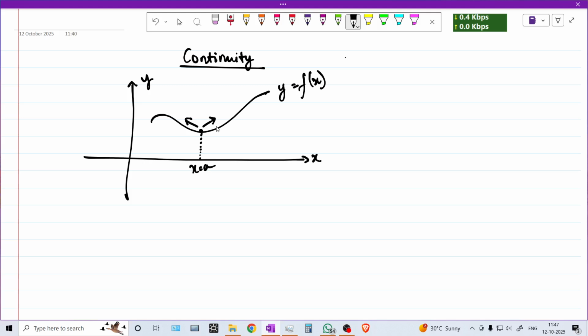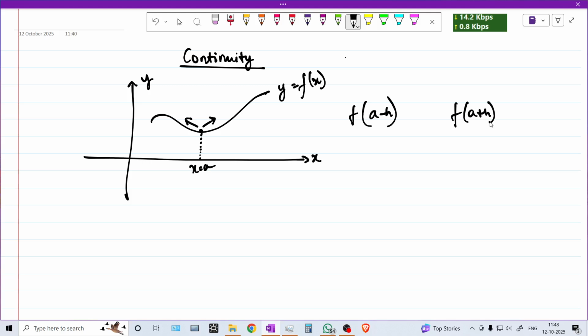So how do we look at a function's point to the left? We will do a minus h. We will look at the function that is f of a minus h. A minus h is the distance we are going towards the left. Also, we will check the function's value at f of a plus h.